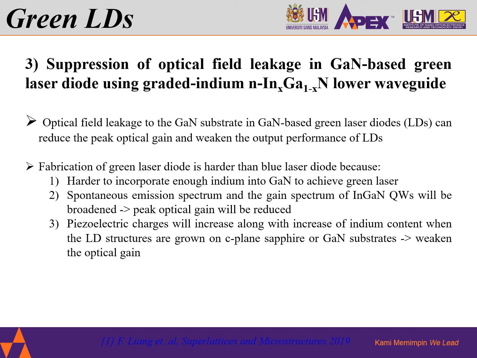This is because it is harder to incorporate enough indium into GaN to achieve green laser. The spontaneous emission spectrum and the gain spectrum of InGaN quantum wells will be broadened, hence resulting in reduced peak optical gain.